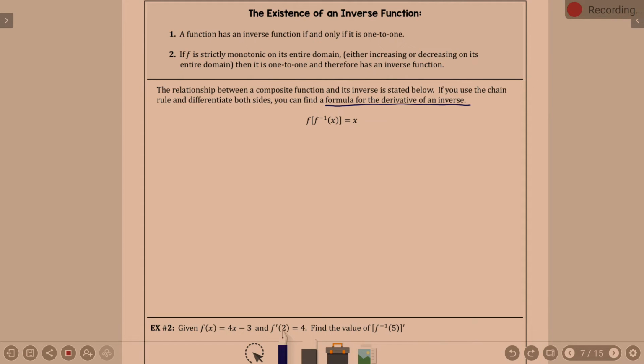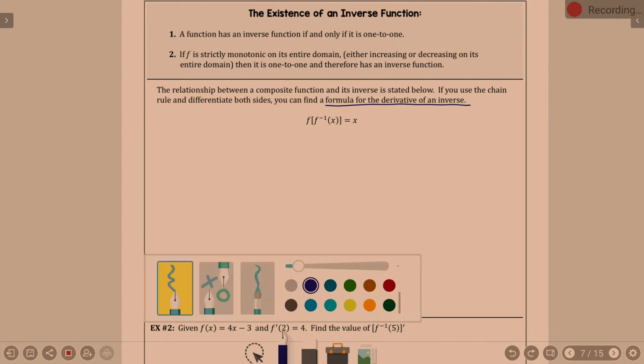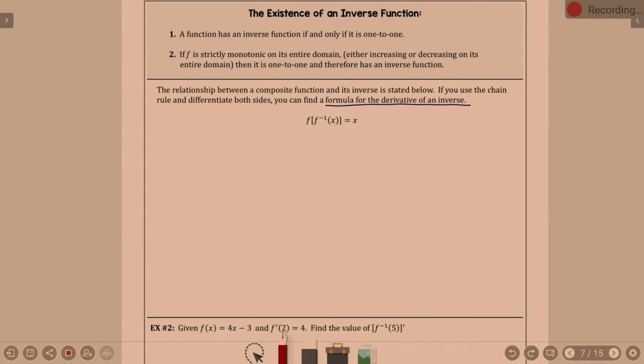Now, I think for clarity's sake, because writing F inverses and derivatives all within there is going to get a little crazy, what I did in my notes is I started off and said, let G equal F inverse.